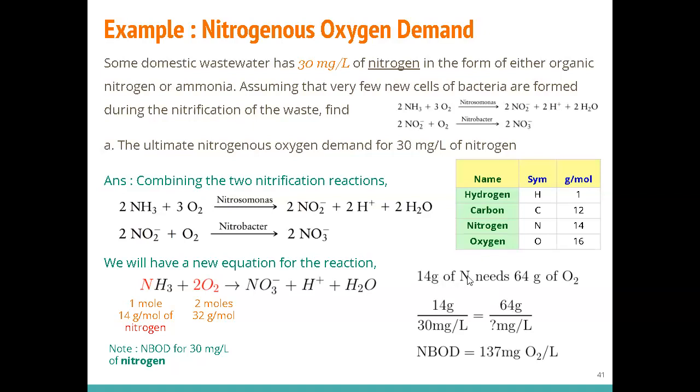So 14 grams of nitrogen needs 64 grams of O2 for the decomposition. If you don't remember how to calculate this, please refer to this one, 16 times 4, 2 and 2 here. It's 64 grams. So now the ultimate nitrogenous BOD would be 137 milligrams.